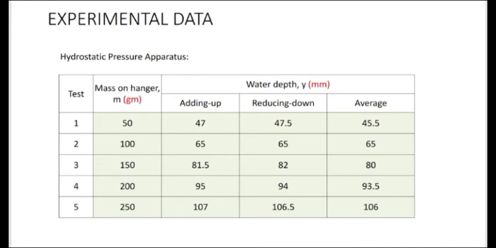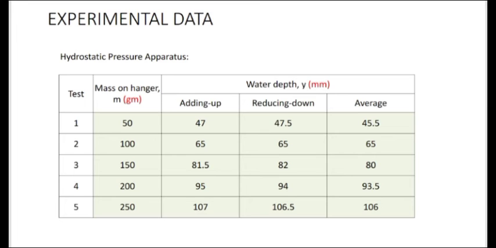Okay, for the experimental data, first we have the mass of hanger in gram. Test 1, 50 gram. Adding up, the water depth Y in mm, 47. Reducing down 47.5. Average 45.5. Test 2.